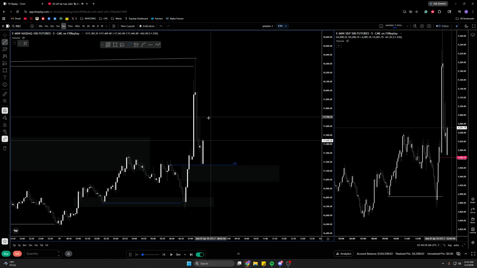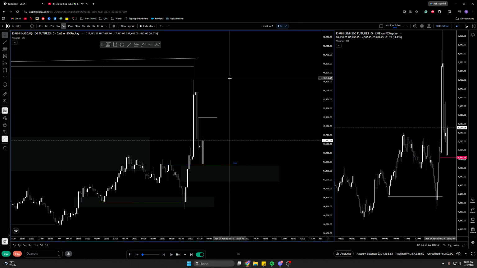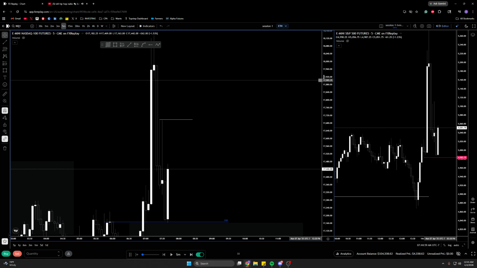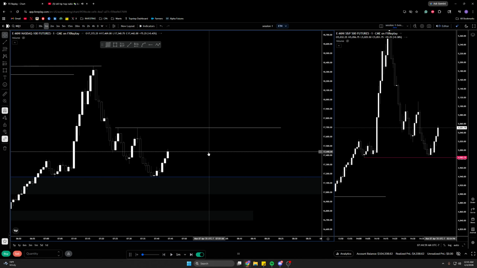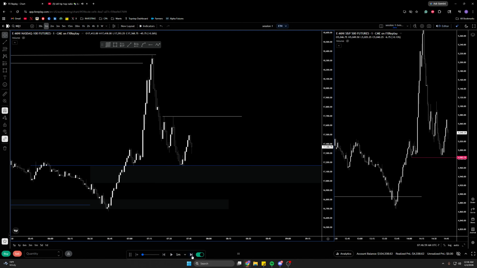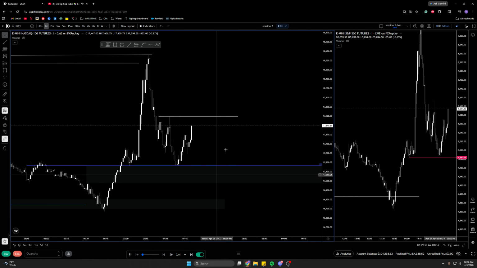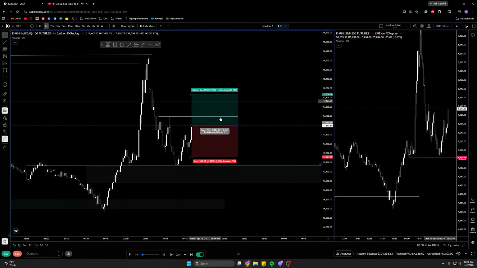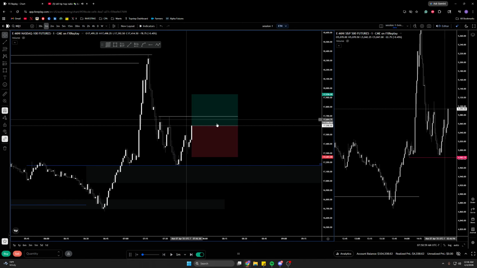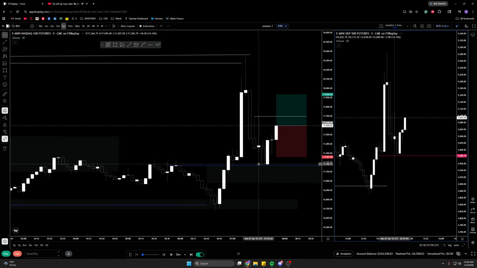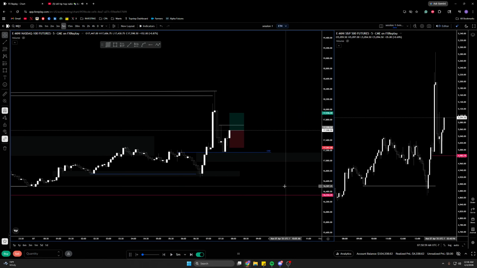We have an untapped 15-minute here as well. 5-minute gap here, is this untapped? Yeah, it's untapped. It barely missed it. Damn, I kind of want to take this for a 1-to-1 into this 15-minute gap, untapped 5-minute gap, out of the change in the state here.